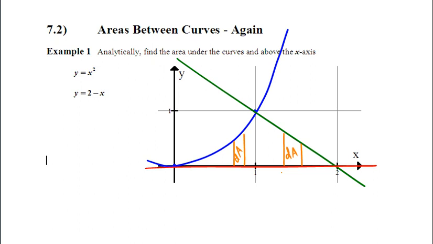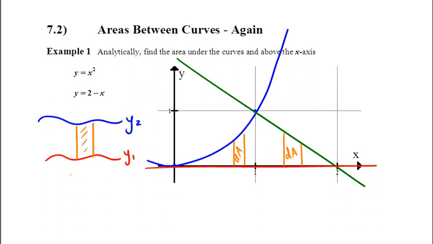Now I'm just going to go over to the side of the page here for a second and think of a general plan. Generally speaking, we've got some top function sitting up above some other function. The function on the bottom might be as simple as the x-axis, but we've got a ceiling and a floor, and then we're trying to look at little rectangles of area that form in between the ceiling and the floor, right?